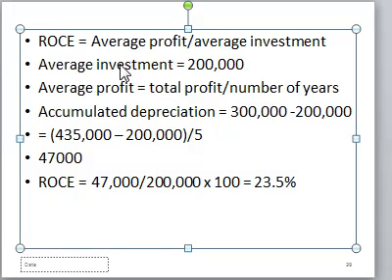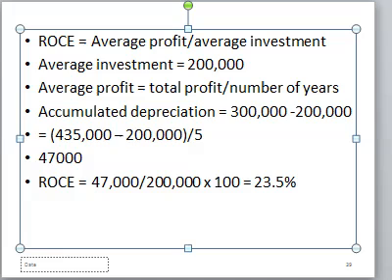So our return on capital employed, as we say, we have already calculated it. It will be average profit divided by average investment. Our average investment, we have already calculated it as 200,000. So our average profit will be the total profit divided by the number of years.